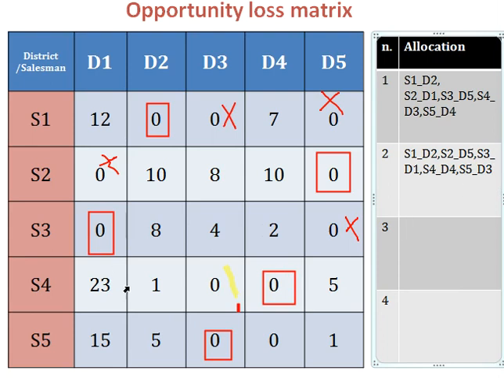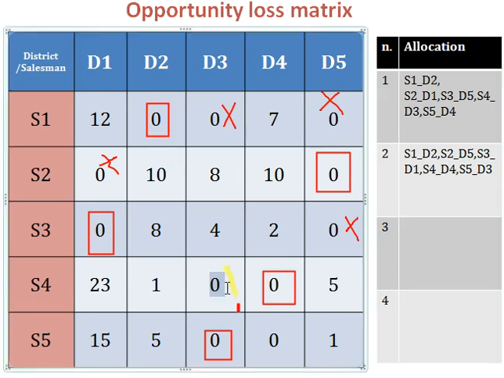Likewise, we can also further check the different possibilities. In this solution again, instead of allocating this 0, if I choose this 0, then this will be cancelled out and this can be allocated over here. So again we have different combinations.